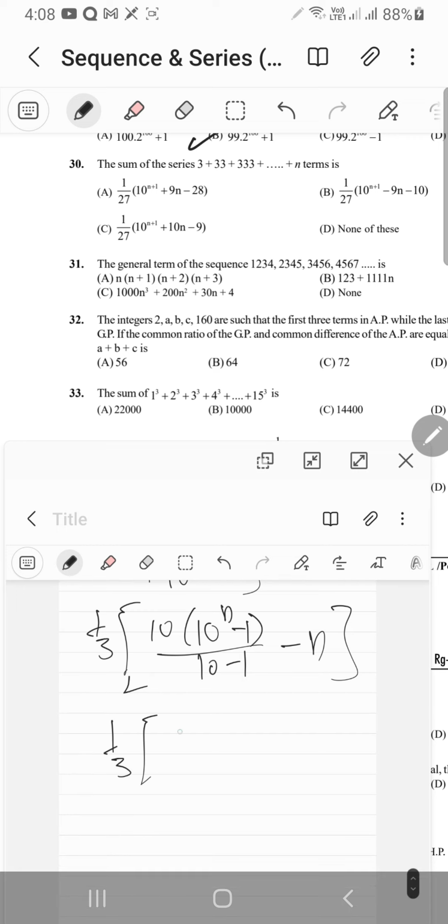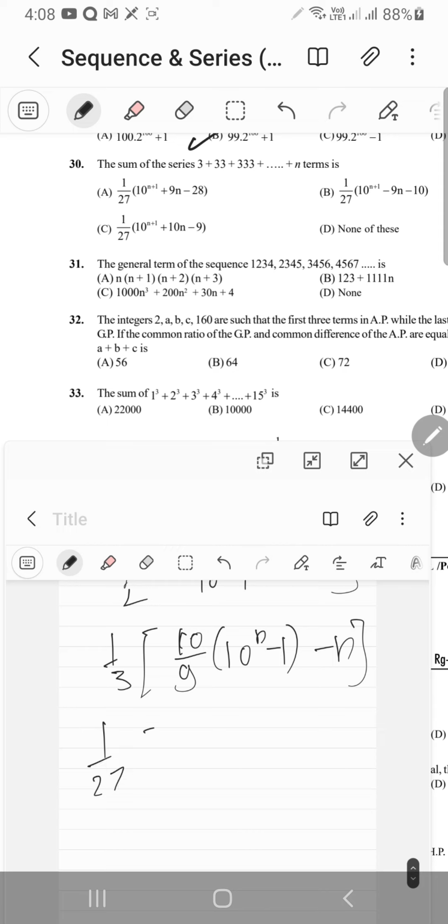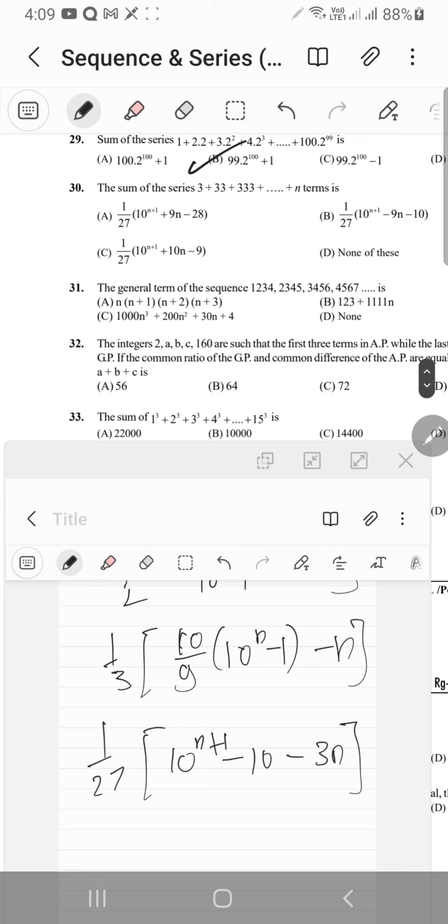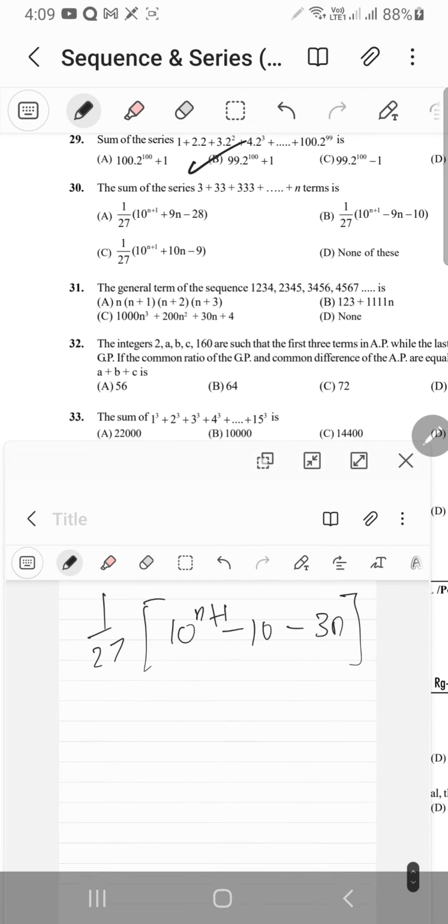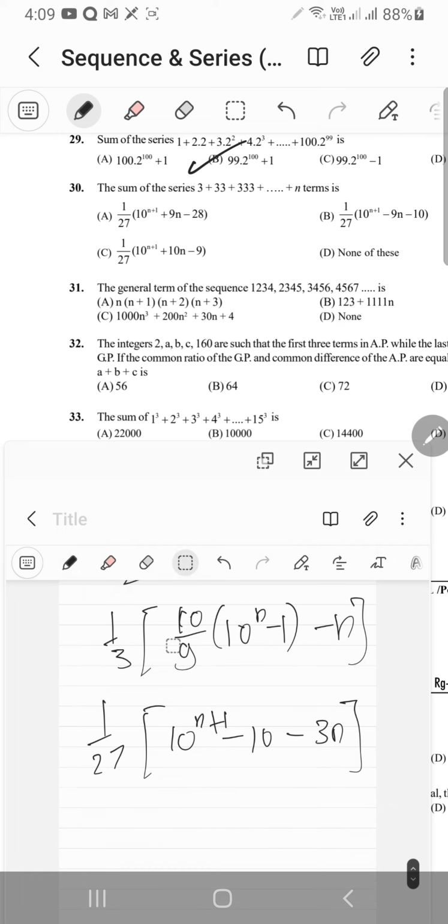So it's 1/3 into 10 upon 9 into 10 power n minus 1 minus n, which is 1 upon 27 into 10 to the power of n plus 1 minus 10 minus 3 times n. Oh well, it's not there. Now what went wrong? Oh, not 3 times that, it's 9 times that, because that goes there. Yes, this was wrong. So it's minus 9 times n.